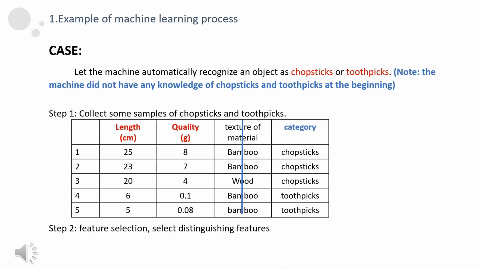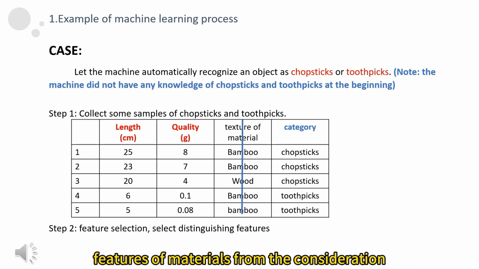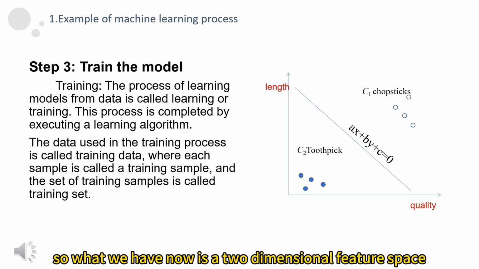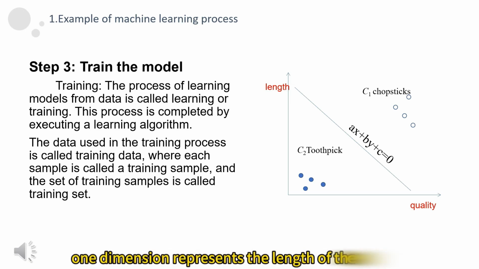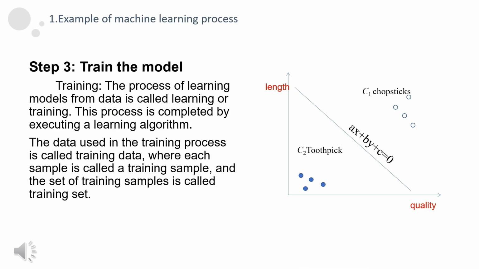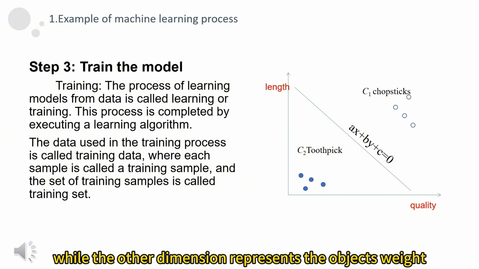Therefore, in this step, we eliminate the material feature from consideration. So, what we have now is a two-dimensional feature space. One dimension represents the length of the objects, while the other dimension represents the object's width.